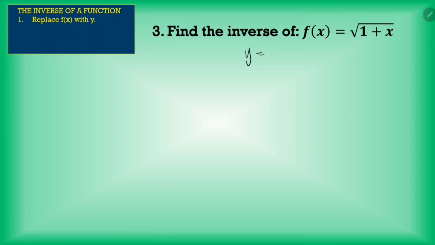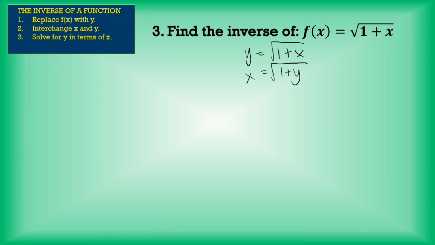So we have y equal to square root of 1 plus x. And then, the second step is to interchange x and y. So x equals square root of 1 plus y. We just replace y with x and x with y, for those who still don't fully see our process.